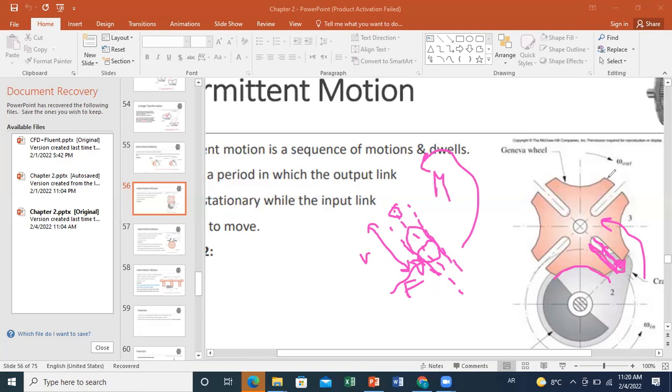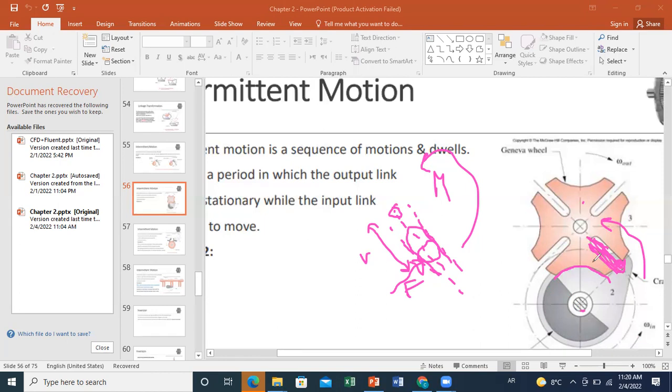So we'll relate the angular velocity of the Geneva wheel to the angular velocity of the crank when we do position, velocity and acceleration analysis for mechanisms. But for now you should understand that by this configuration I can cause intermittent motion, because when this point goes back and forth through the slot, I will have a couple transmitted to the wheel that will lead to its rotation.